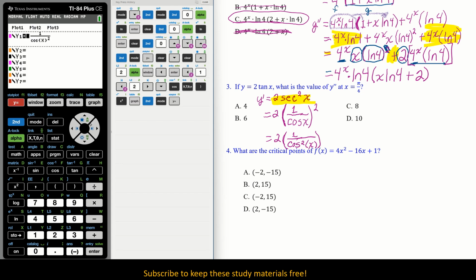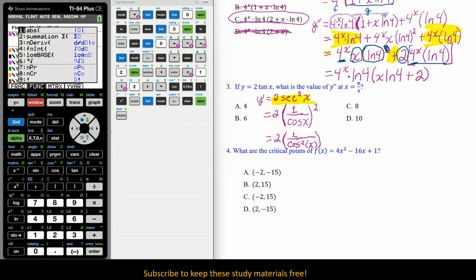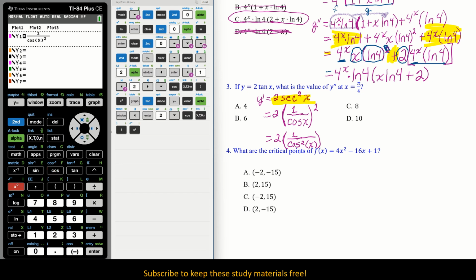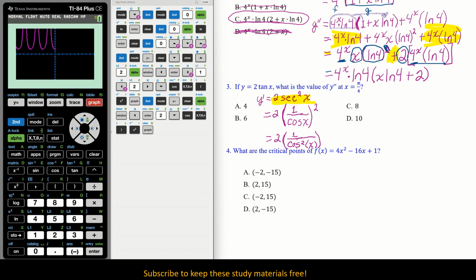Well, that is 2. Okay, second window, arrow over, keep it here. Well, 2 times 1 is 2. Go down and say cosine x, and then square it, and let's graph. There it is. I knew it'd graph fine.